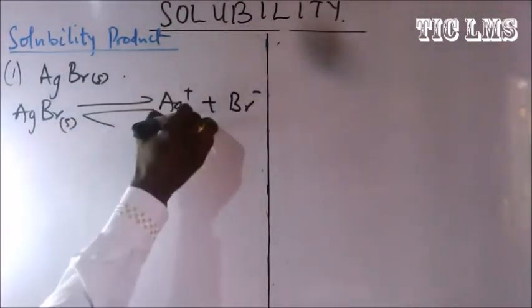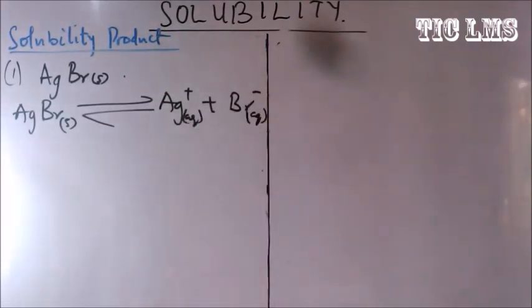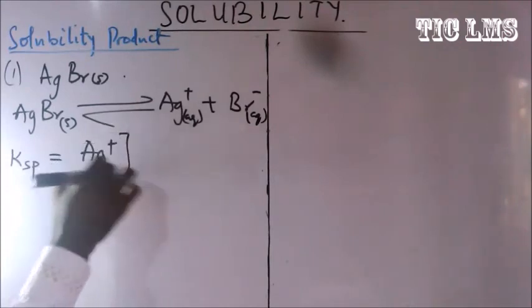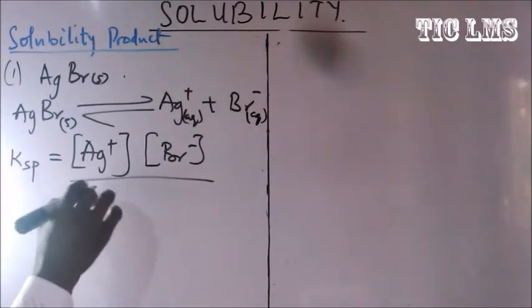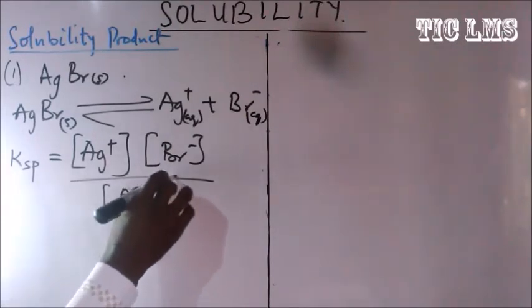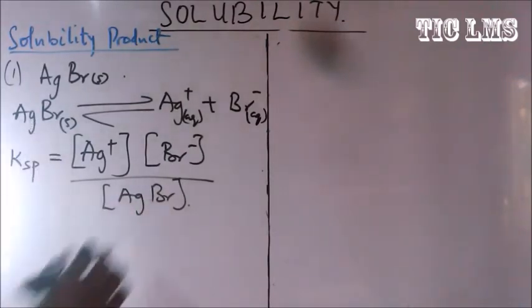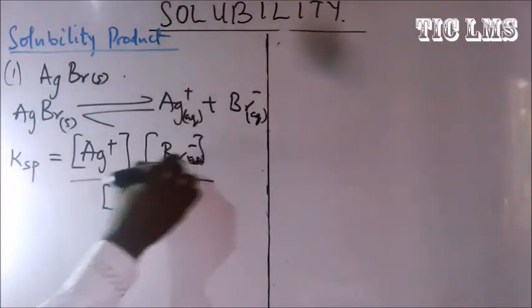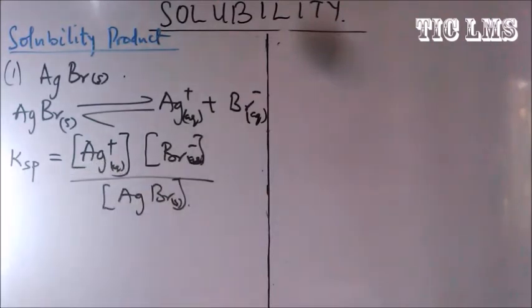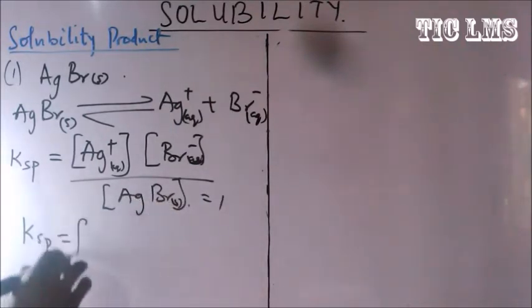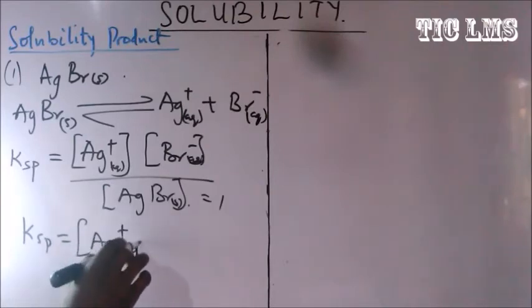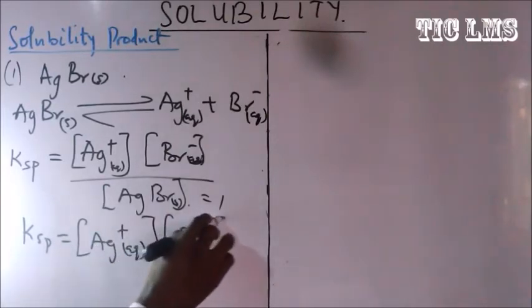Here we have a solid and we have aqueous because they are in solution, and we have aqueous over here, meaning that the solubility product constant is equal to the concentration of silver multiplied by the concentration of bromide over the concentration of the solid. Now since the concentration of the solid is equal to 1, the solubility product constant is equal to Ag plus aqueous multiplied by bromide minus aqueous.